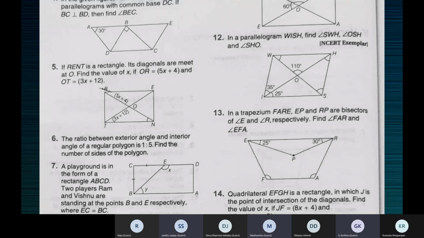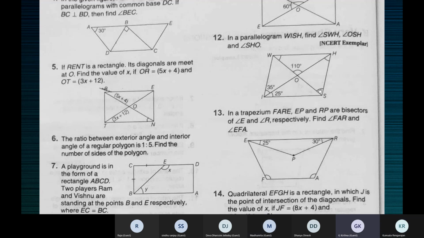Ma'am, 35 and 25 are one angle. Correct. So 35 plus 25 is equal to 60. So S and 60 are a linear pair, no ma'am?